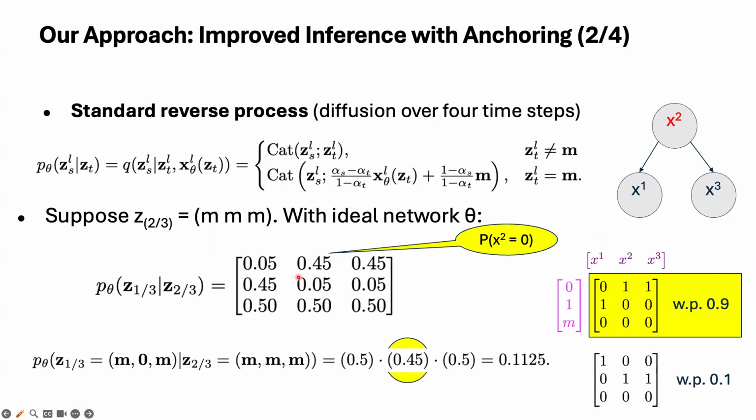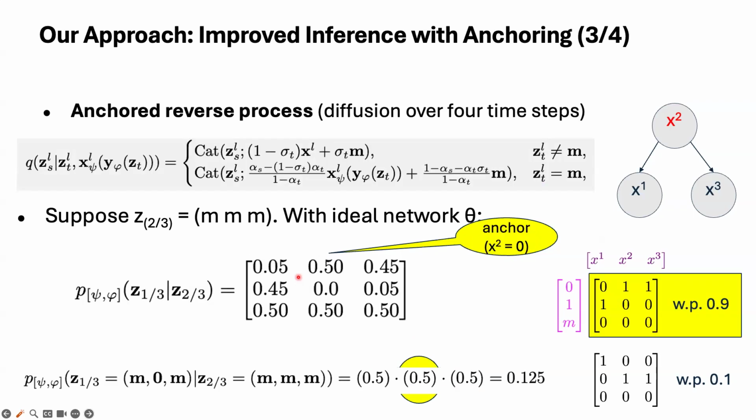Given that you're putting 50% of the weight on mask for not being confident, the rest should be correctly proportioned between these 2. So this model has indeed learned correctly, and this is what the posterior is. Now if you ask, given this, what's the probability to sample M0M? Remember, what you'd like to sample is 1, 0, 0. So this is something consistent. Then the probability would be 0.112.